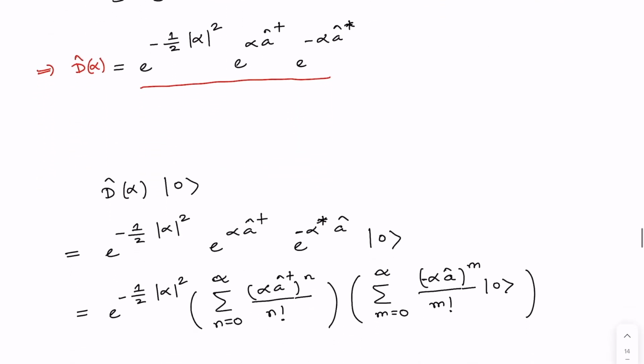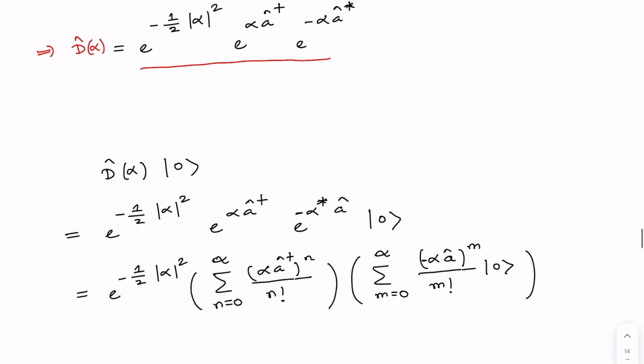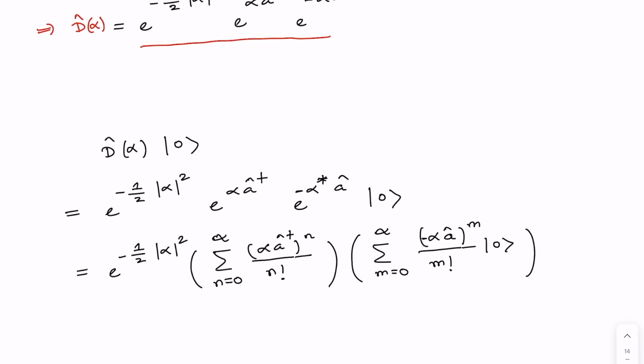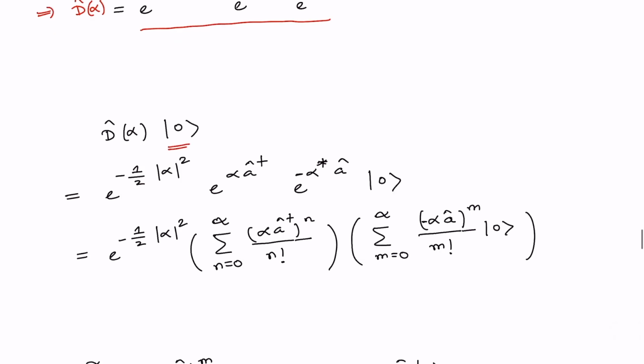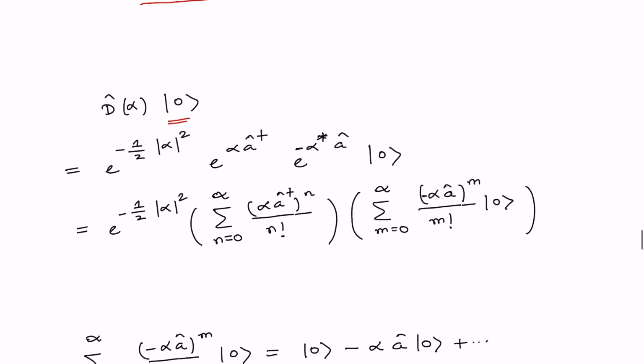Now let me apply this displacement operator in this form to the vacuum state, or the ground state, and this is what I have here. You see e to the power minus 1/2 mod alpha squared is a constant quantity, so I'm taking it out. But the quantity in the middle is an operator, and this is also an operator.